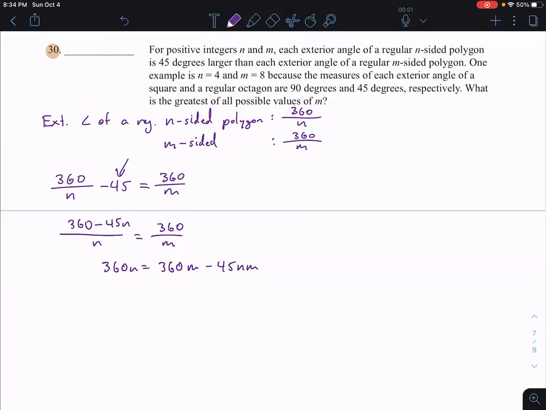Now let's divide both sides by 45, and we'll get 8n is equal to 8m minus mn. So we can express this side as m times (8 minus n).